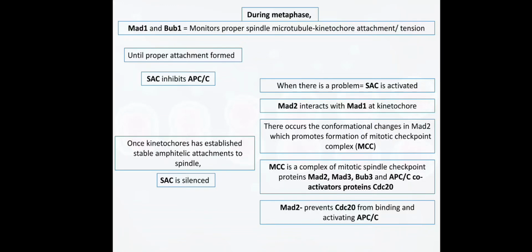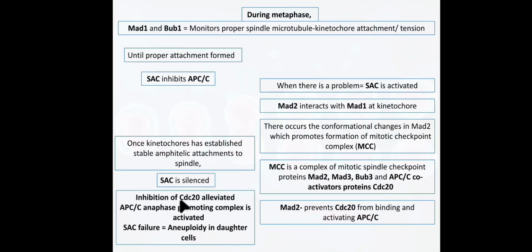However, there is another attachment, merotelic attachment, where a single kinetochore is attached to microtubules from both poles. It can go uncorrected as it does not activate the SAC, which leads to segregation errors.